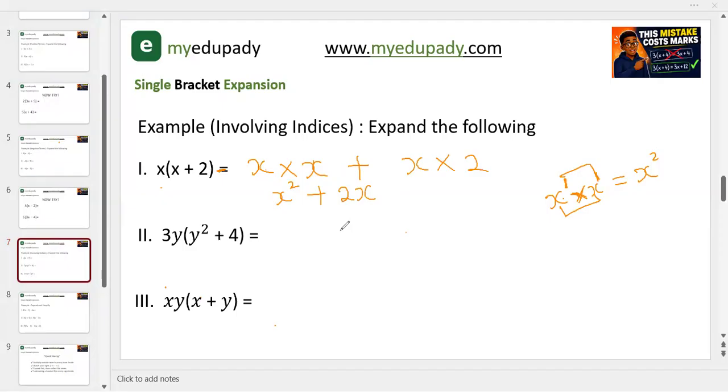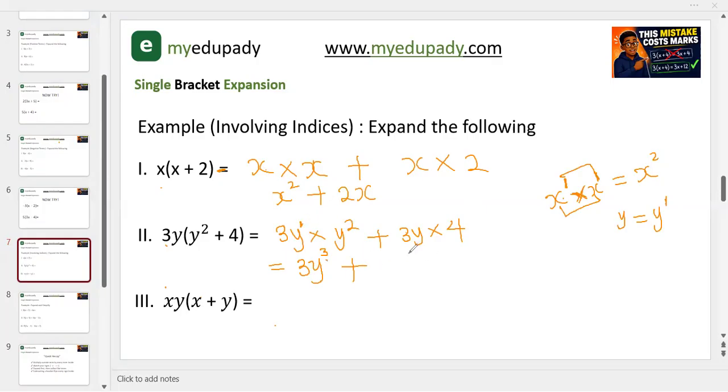The same idea goes to the second example. Please don't forget, y ordinarily is the same thing as y raised to power 1. So if we do 3y times y squared, add 3y times 4, this is going to give me 3, then y to the power of 3, because this is now 1, and 1 add 2 will give me 3.